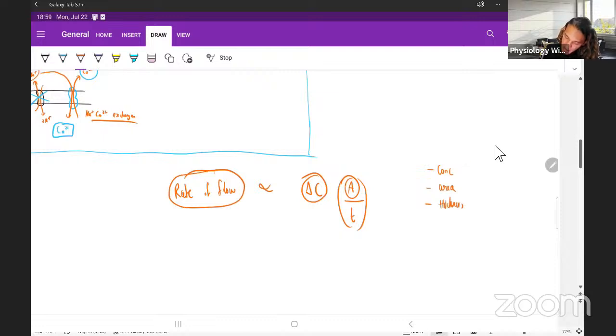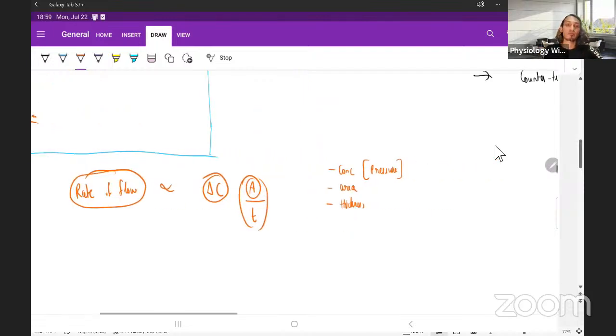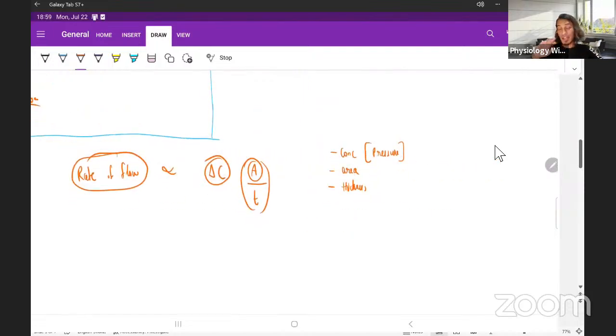Now, concentration gradient can also be replaced by pressure gradient. The nature of the substance, whether it is lipid soluble or water soluble, determines the rate also. The nature of the membrane also.